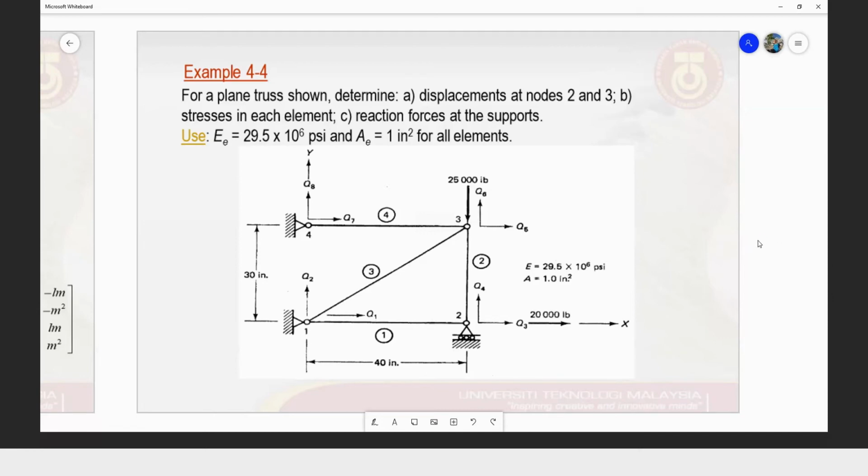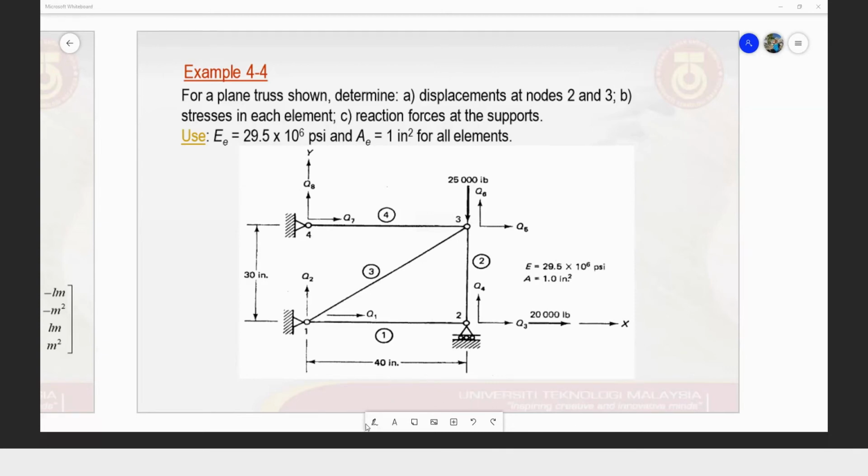So the problem here says, for the plane truss shown, determine the displacement at node 2 and 3.